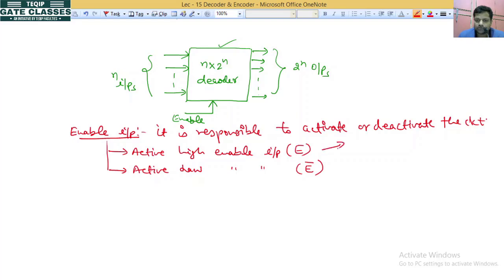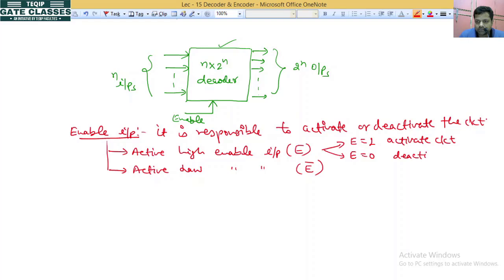So if you talk about the active high enable input, in this case if E equal to 1, then it activates the circuit, and if E equal to 0, then the circuit is deactivated.